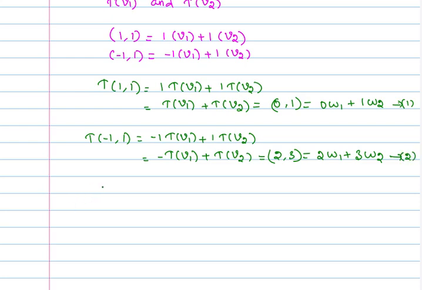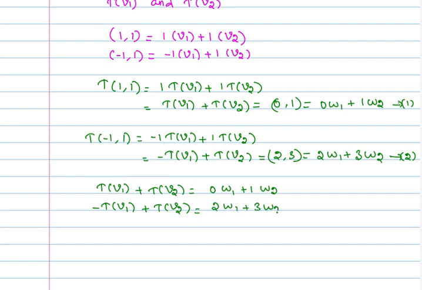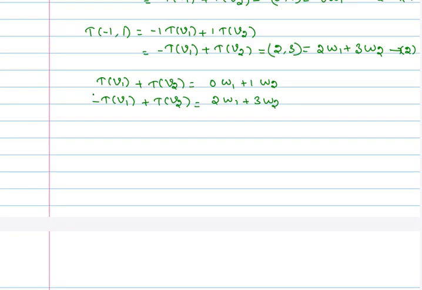From 1 and 2: T of v1 plus T of v2 equals 0 w1 plus 1 times w2, and -T of v1 plus T of v2 equals 2 times w1 plus 3 times w2. This is equation number 3, this is equation number 4.